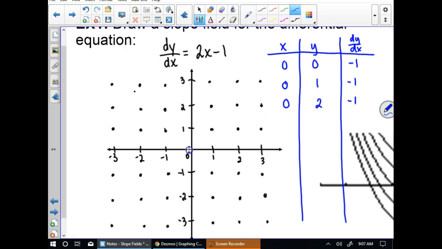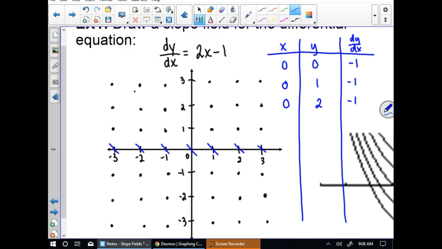We go to the point 0, 0, and draw a little tiny line that has a slope of negative 1. Because everything on this row has the same slope, I'm going to put that one in there. We might use 3 because it won't be that much harder. So you just draw a little line that has a slope of negative 1 on 0.